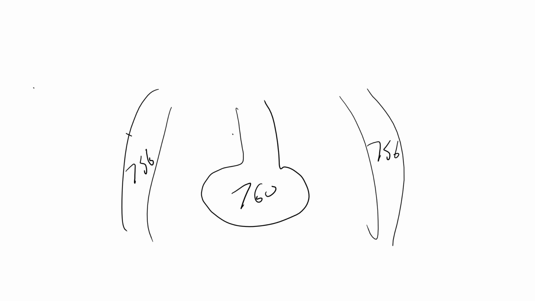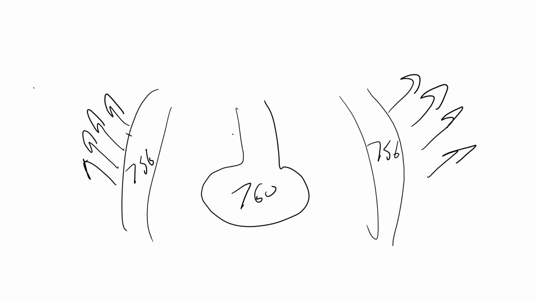Now, you inhale, and when you inhale, the chest wall moves up and out. If the chest wall moves up and out, that pulls the parietal pleura further away from the visceral pleura and decreases intrapleural pressure to 754. Okay? Nothing has happened yet to intra-alveolar pressure. The air pressure in the lungs is still 760.